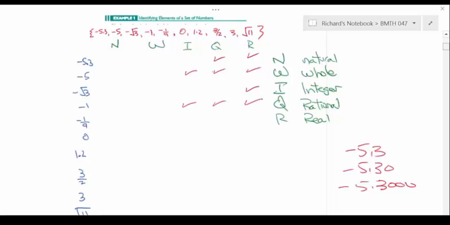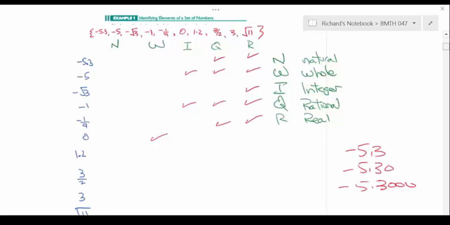Negative 1/9. Well, it's a ratio, it's a fraction. It doesn't matter the negative sign because you can have negative rational numbers. So negative 1/9 is a rational number and a real number. 0. Well, natural numbers don't contain the number 0, but the whole numbers do. So 0 is a whole number.